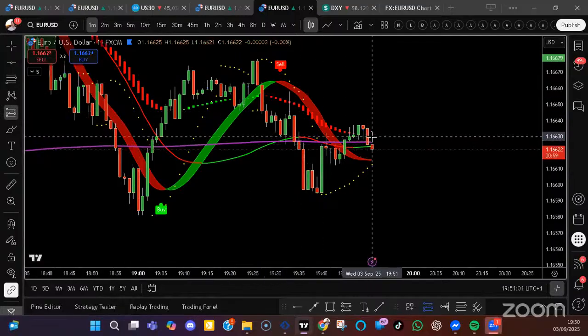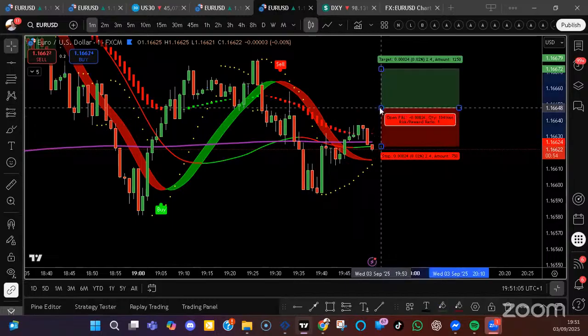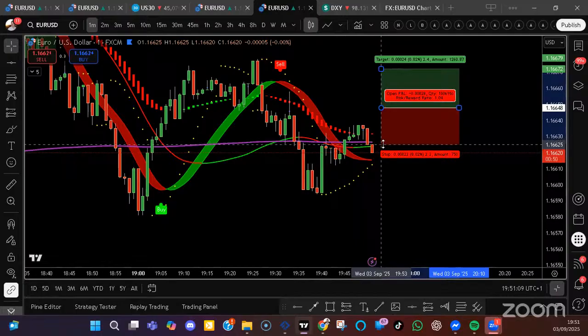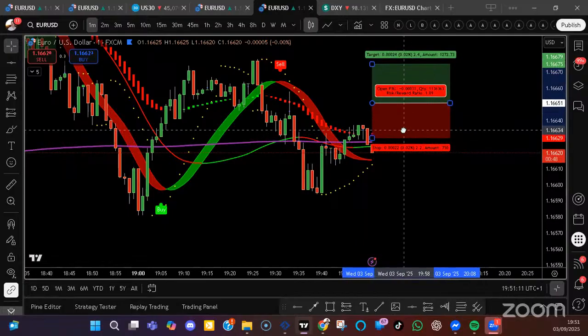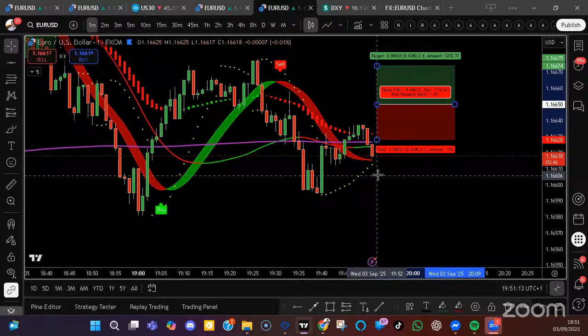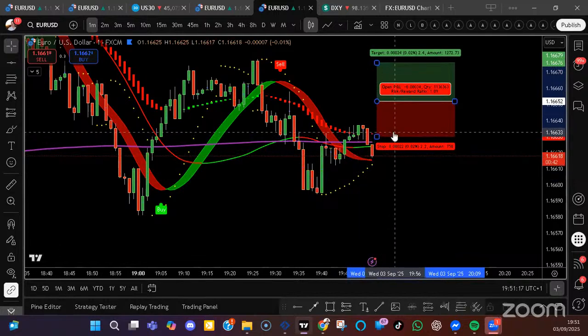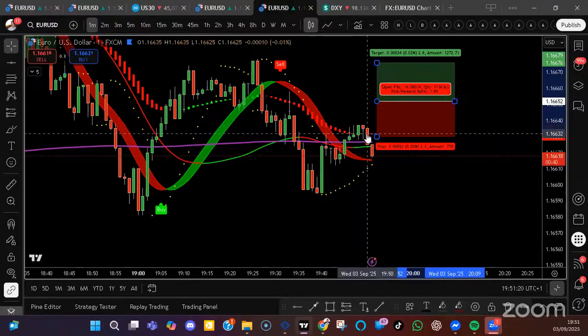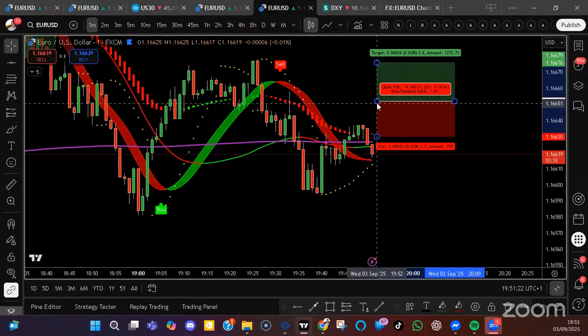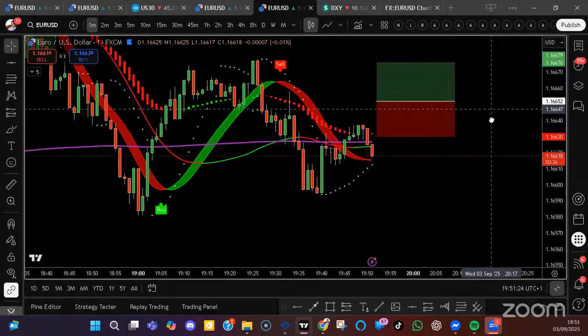But it's late at night for the EUR USD. But this is what it looks like. Minimum of 2.2 pips, which is there. A nice buy alert. This is where the stop loss will be, in anticipation of the red wave turning green. There's your 2.2.